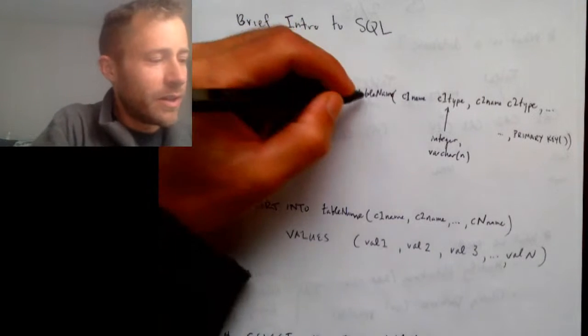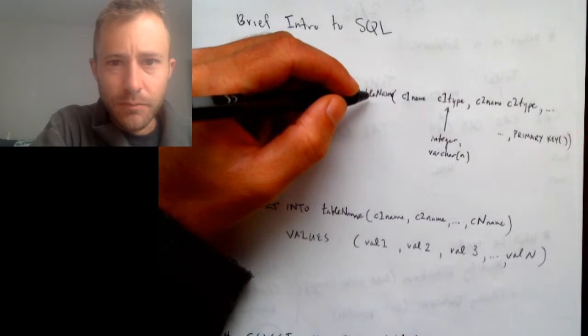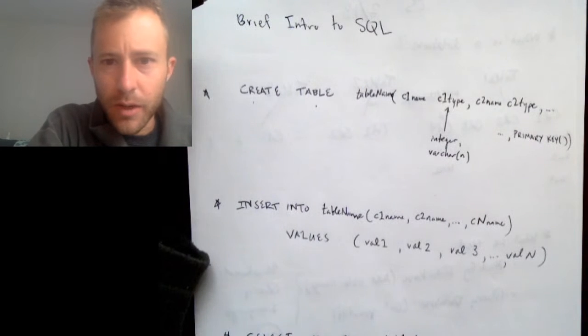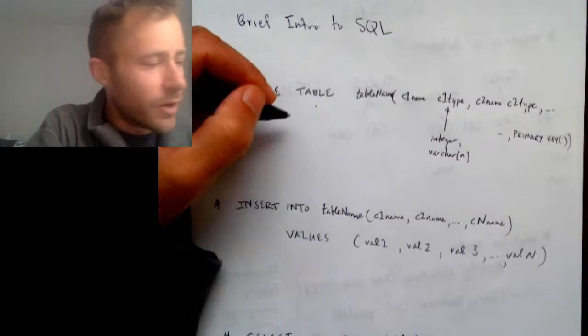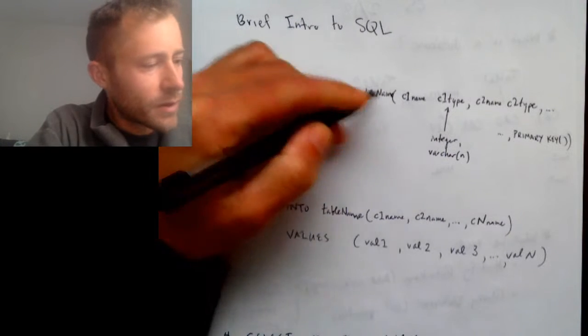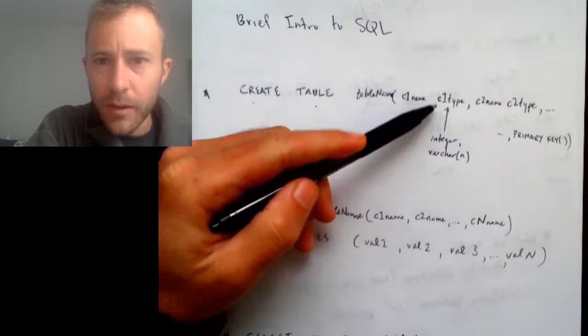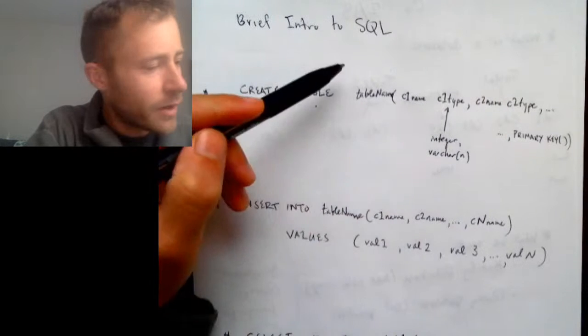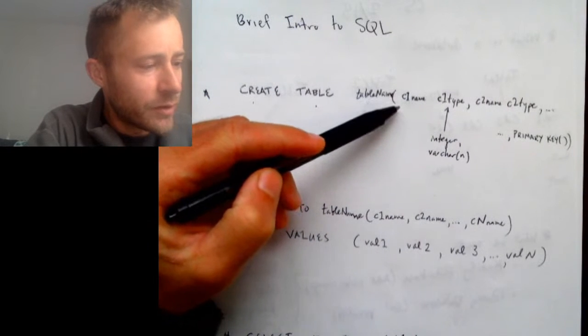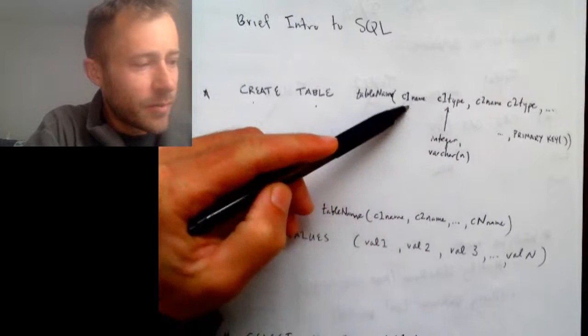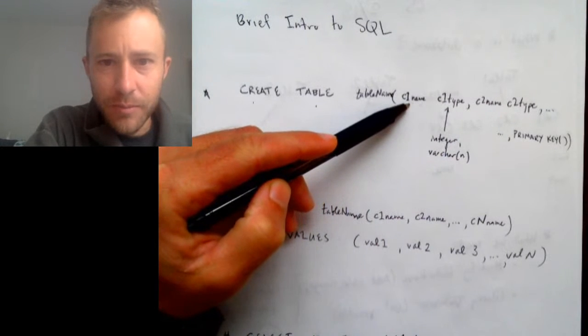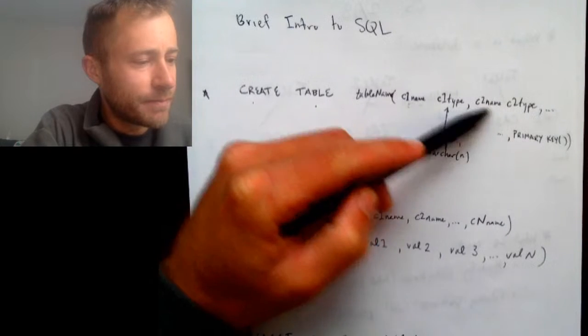So then the name of the table. And then you put in parentheses the name of each column separated by commas.